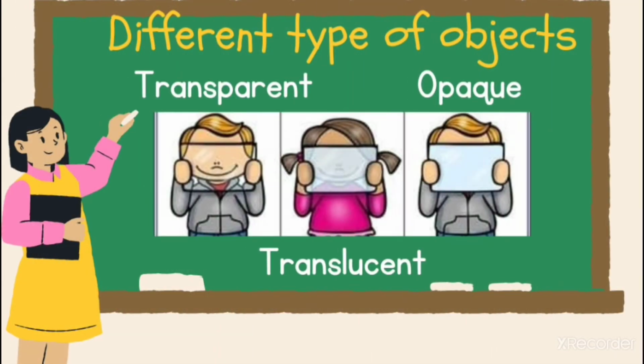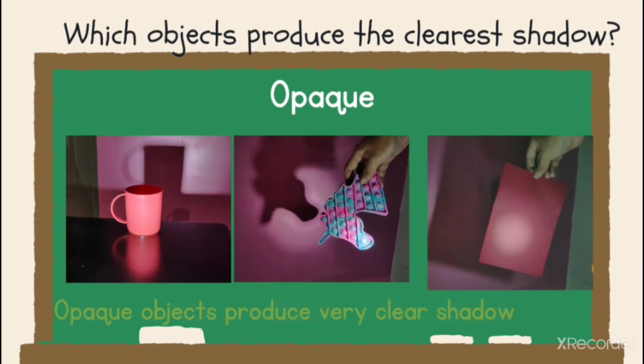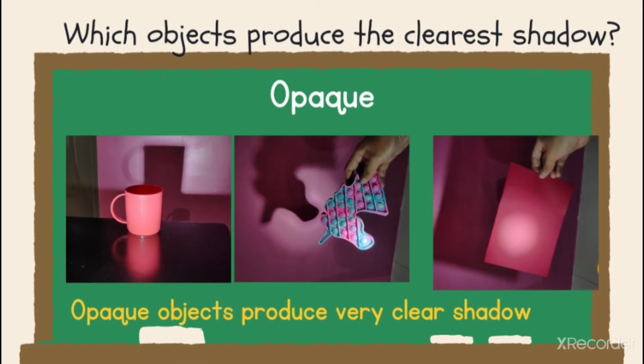There are three types of objects: transparent objects, translucent objects, and opaque objects. Which objects produce the clearest shadow? Is it opaque, translucent, or transparent objects?